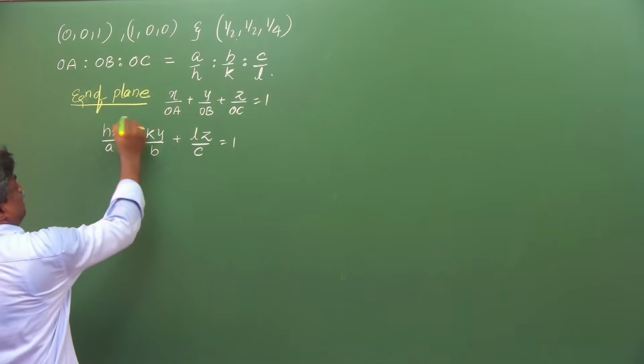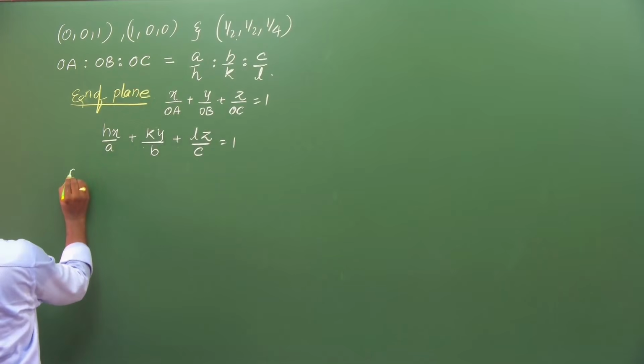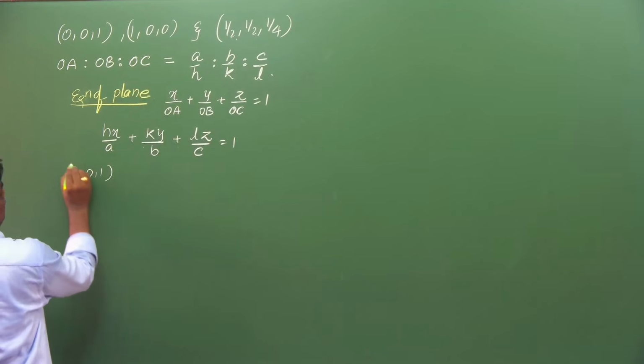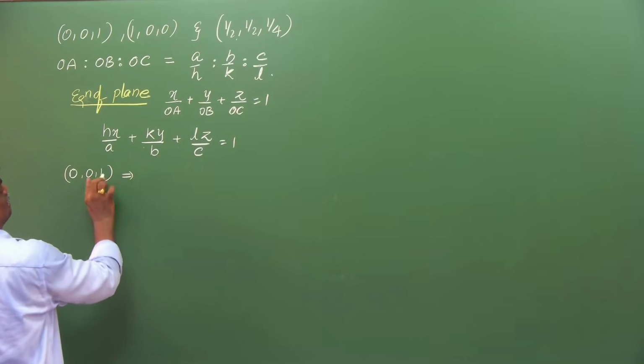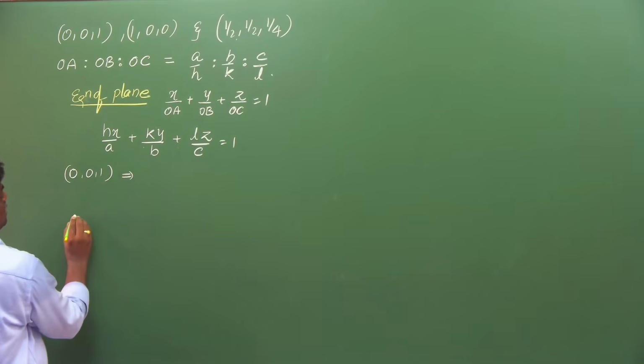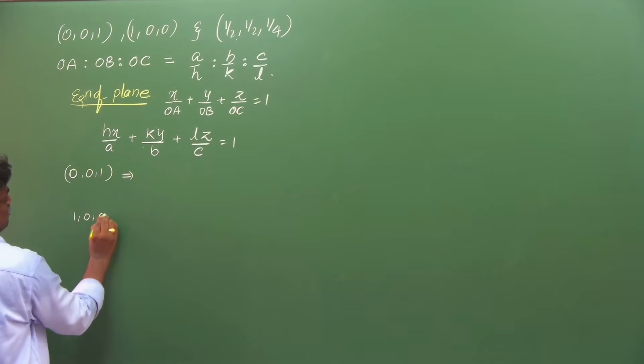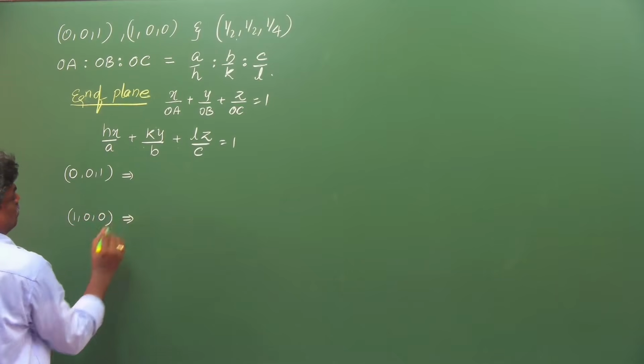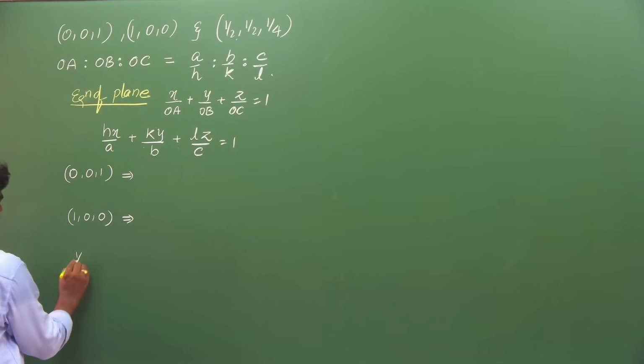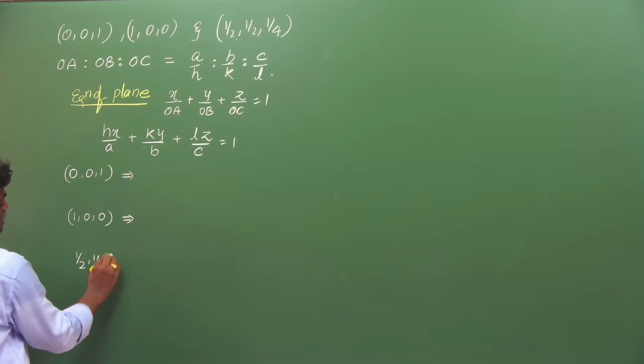Three unknowns are there, 3 points are there, because the plane is passing through these points. It's a previous GATE question.